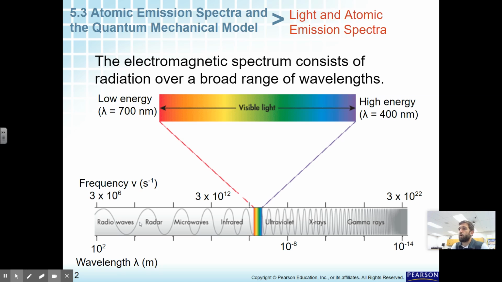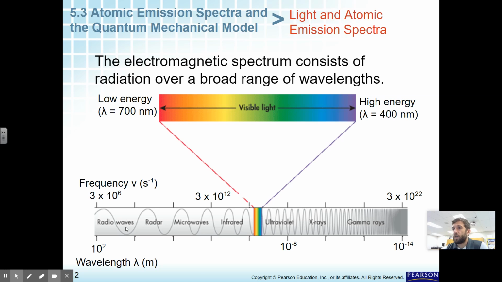The next will come radar, but that's not one of the seven you need to know. After that is microwaves. Microwaves are useful in cooking or heating up food. If microwaves were very, very dangerous, then it would be bad to actually have them in our homes. But they're not that dangerous.